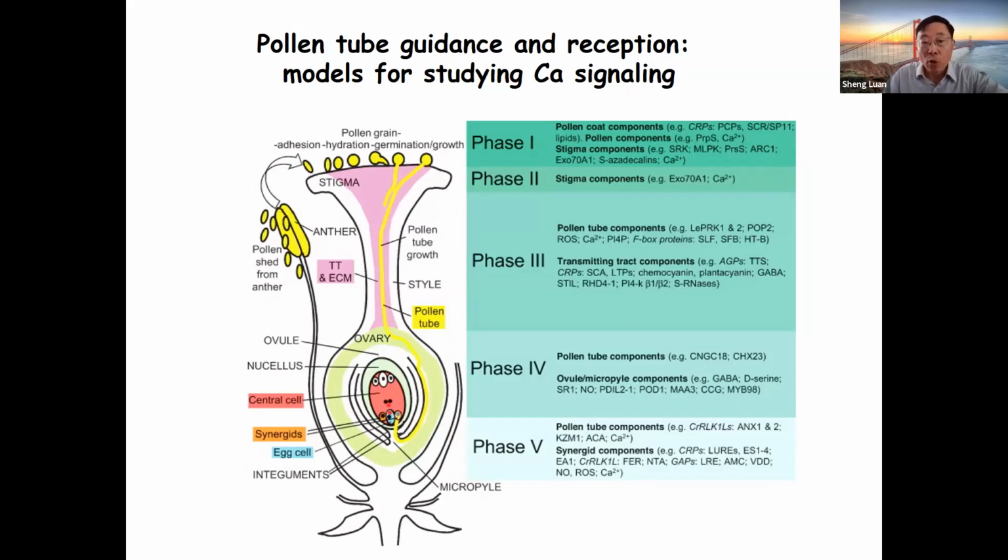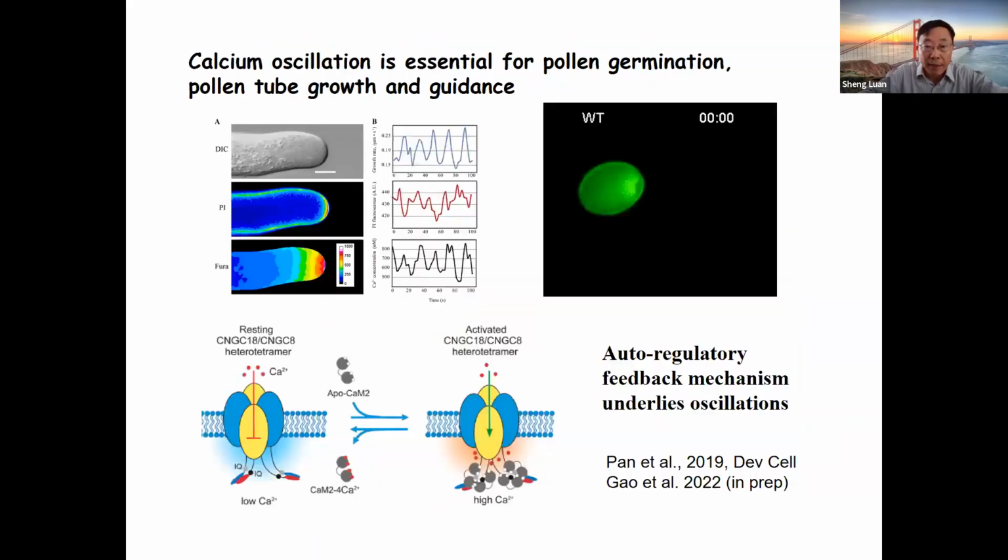So each step of the way involves calcium as an important signal. And this calcium pattern very often shows an oscillating pattern. Okay, so I'm now showing you how we are studying this process.